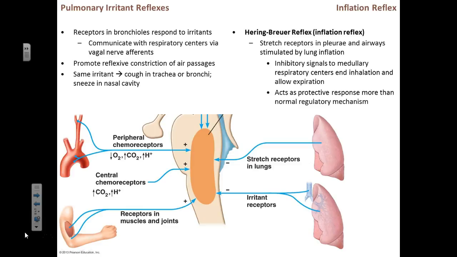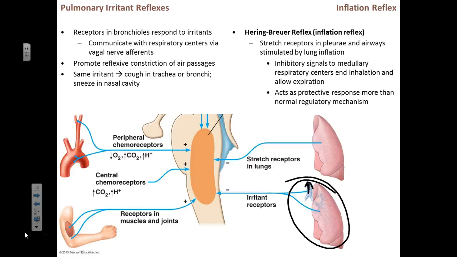Okay. Now, irritant reflexes. If you have some kind of irritation in the respiratory passages, the respiratory tract, it will cause an immediate constriction of the passage and expulsion of whatever is there. Did you ever try to hold the cough? Is that hard?